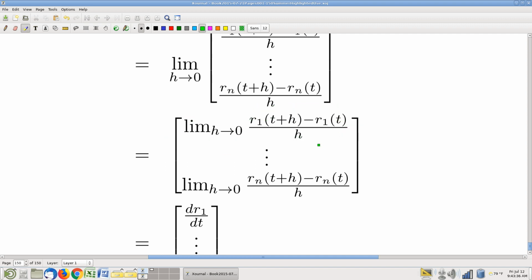This is just straight out of a Calc 1 book, the derivative of this single variable scalar-valued function R1. That's just the first coordinate function of the parametric curve. Now the parametric curve has lots of coordinates. It's a vector valued function, right? But its first coordinate function has just a single value. So this is Math 111L right here.